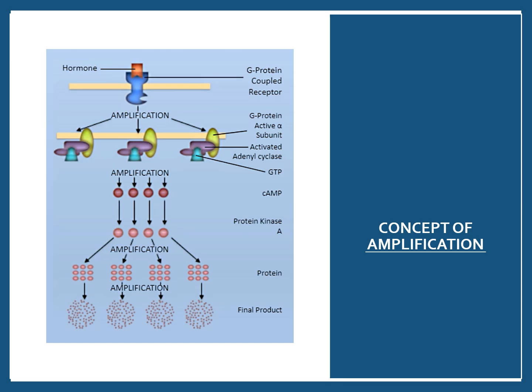So we have a very small amount of hormone that is produced by the gland, but in the end, we're going to result with a very large effect because every step of the way, the result is being amplified. So when we get to our final product, we have a big effect.